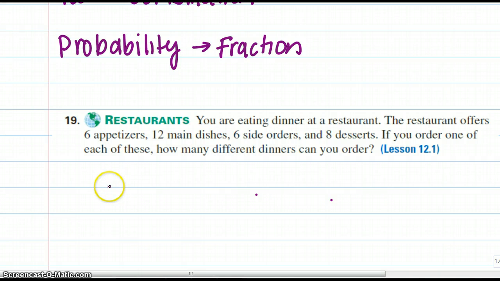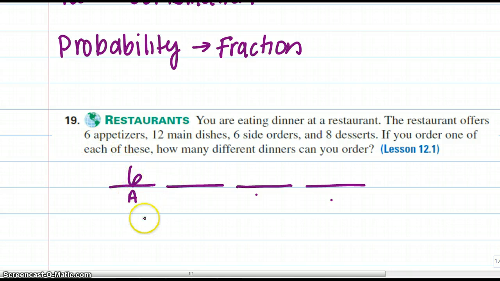Well, you know you're going to order an appetizer, a main dish, a side order, and a dessert. How many possibilities do you have for an appetizer? There are 6. If you're going to get one main dish, you have 12 to choose from. If you have 6 side orders to choose from, you have 6 possibilities, so that is another event, as we call it.